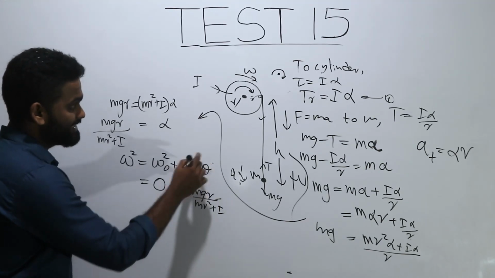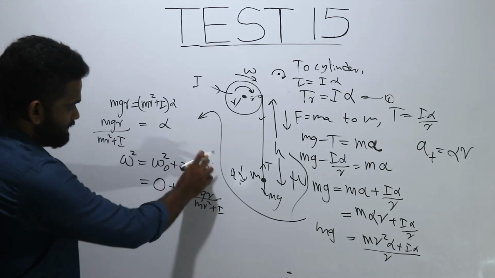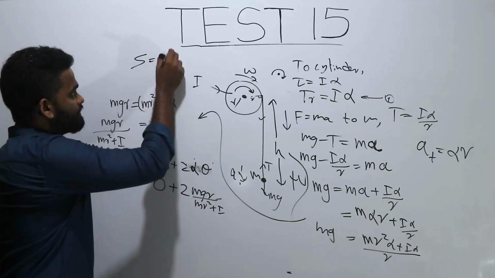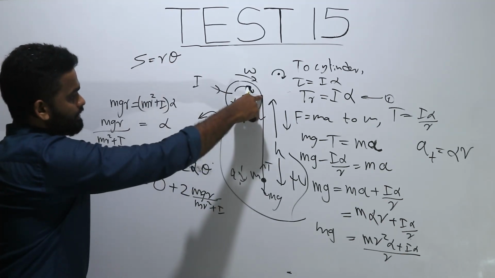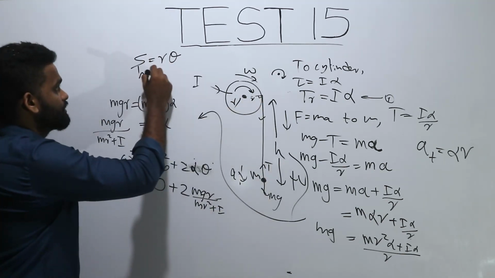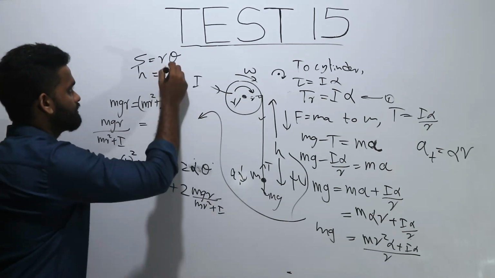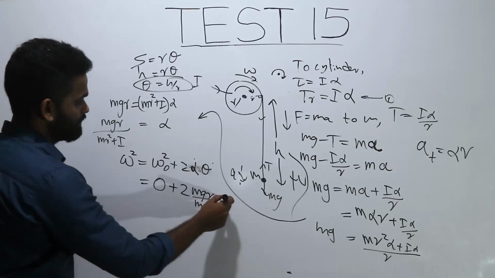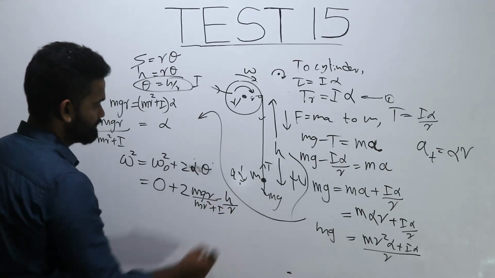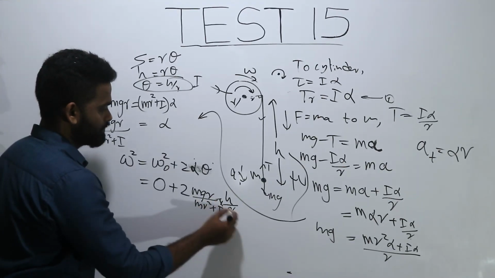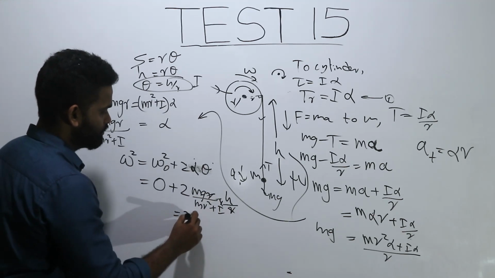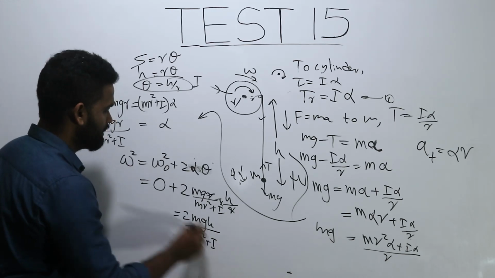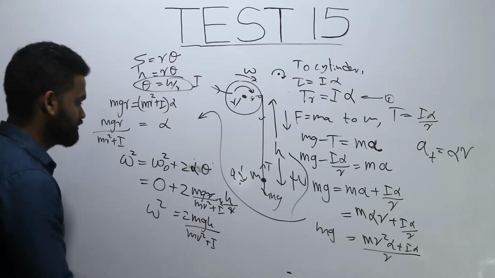Then we have this theta, in radians. If you know the equation S equals r theta, the distance it traveled is simple h around simple r, so theta is equal to h over r. Substitute h over r here. r cancels off. This becomes 2mgh divided by mr squared plus I. So that is omega squared.